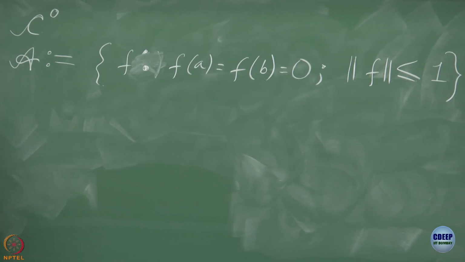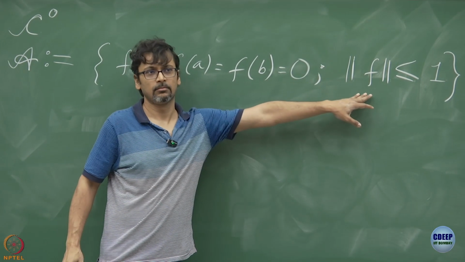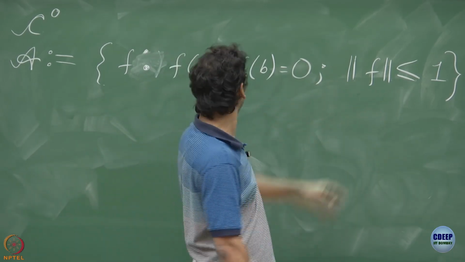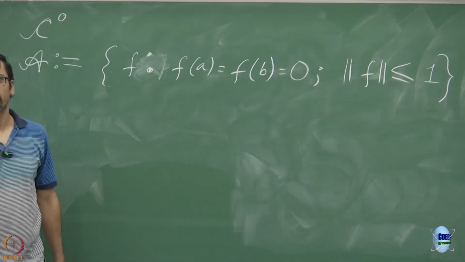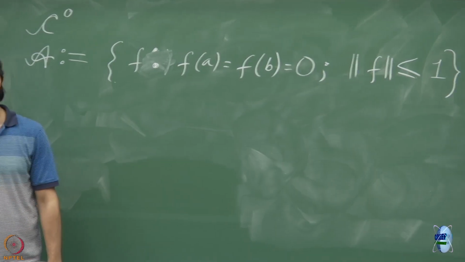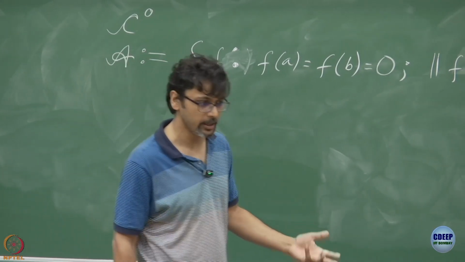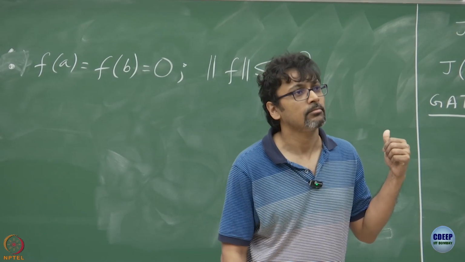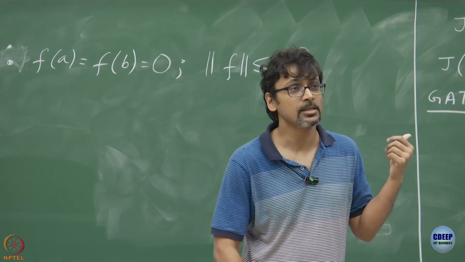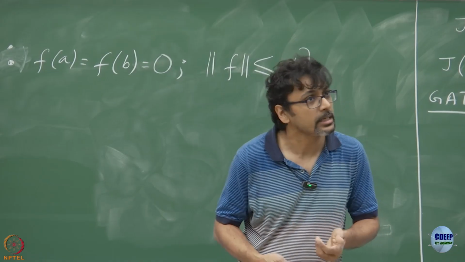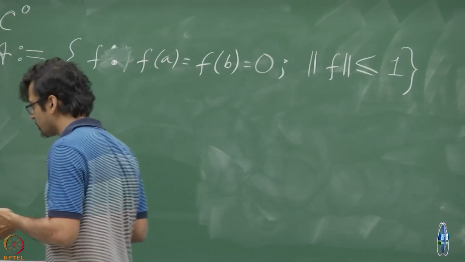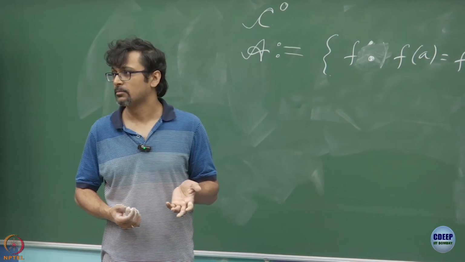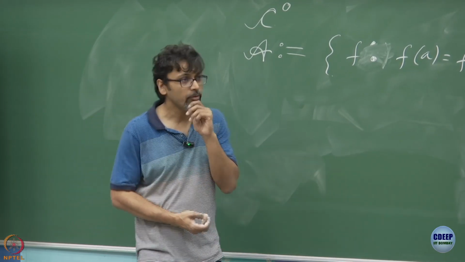Of course, I have forced this. It is a bounded set, okay. Bounded set of continuous functions. What is going to follow here is that this is also a closed set, but this is not going to be a compact set, because there will be functions which you cannot minimize over this.